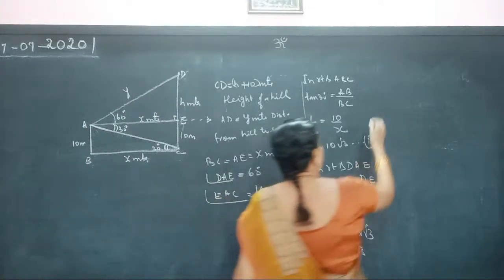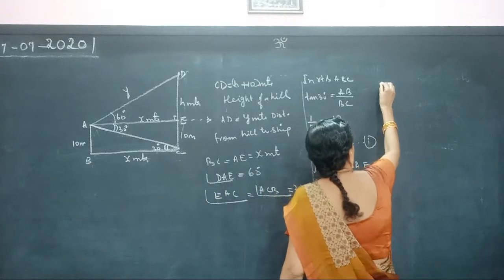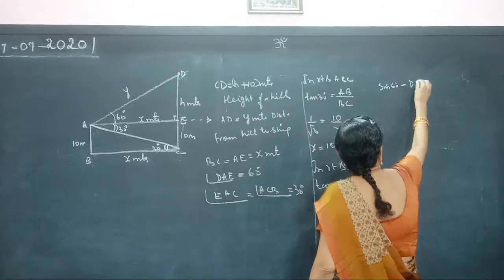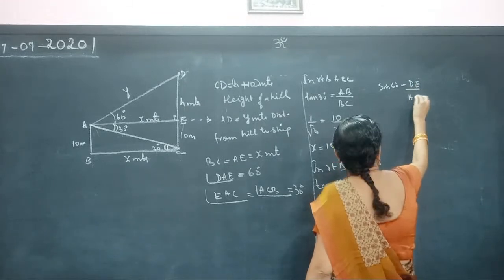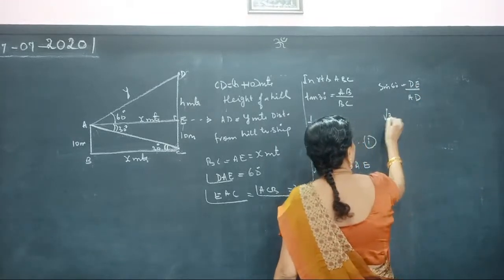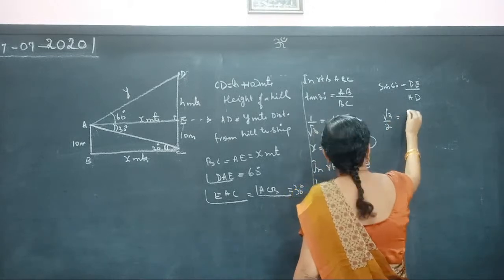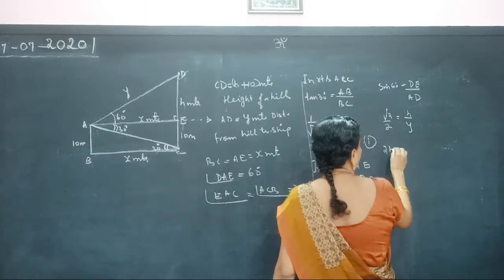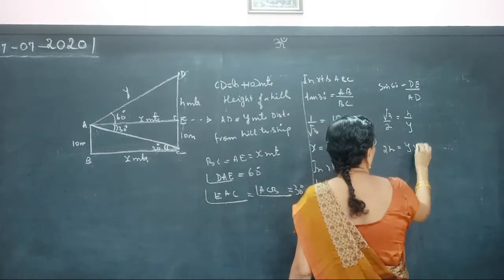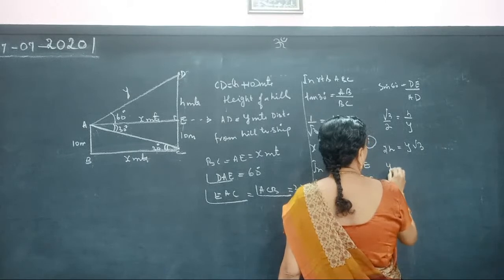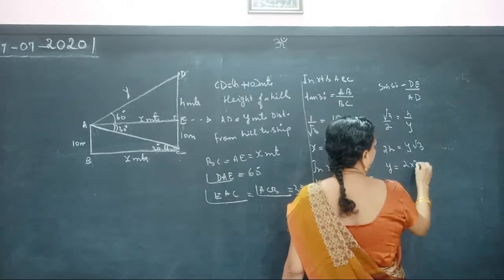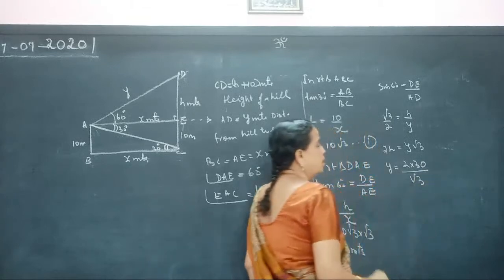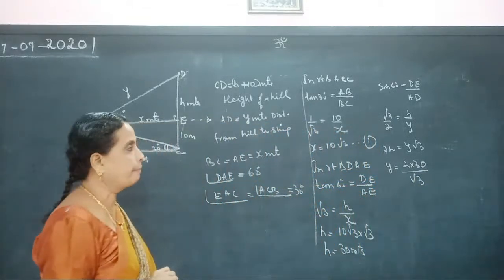So we consider sine 60 degree equals opposite side by hypotenuse. Root 3 by 2 equals h by y. 2h equals y root 3, or y equals 2 into 30 by root 3, that is 60 by root 3.